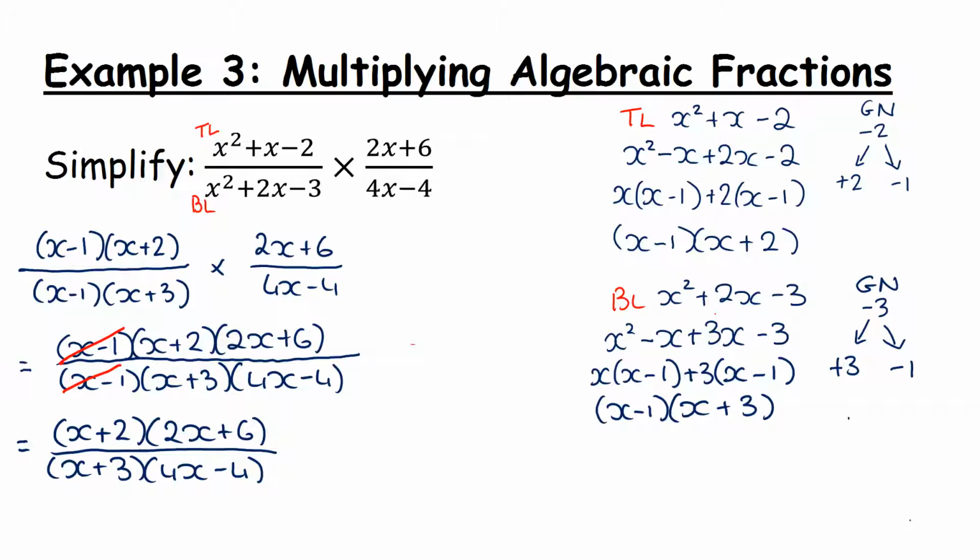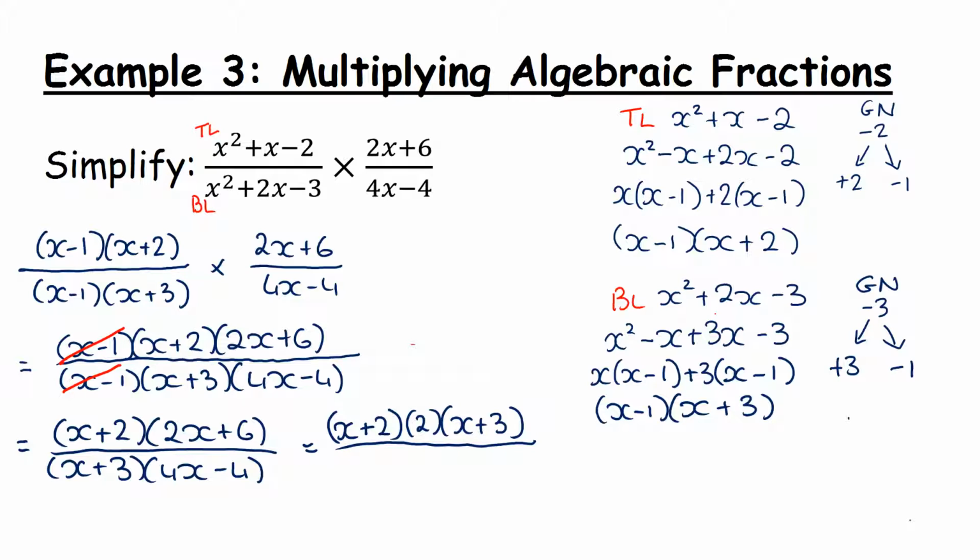You might notice that there is a 2x plus 6 on the top line, which could be factorized, and a 4x minus 4 on the bottom line that could be factorized. They can both be factorized by taking out a common factor. Here, the common factor of 2x plus 6 is 2. So we'll take out a 2 and we're left with x plus 3.